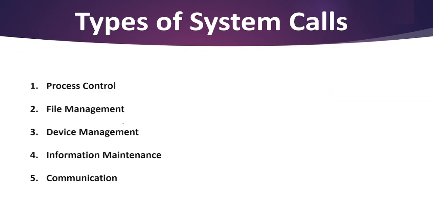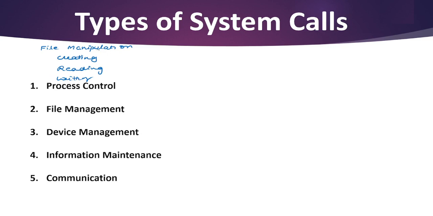Now another type we have is file management. These system calls are responsible for file manipulation, such as creating a file, reading a file, or writing into a file. All these are done by file management.